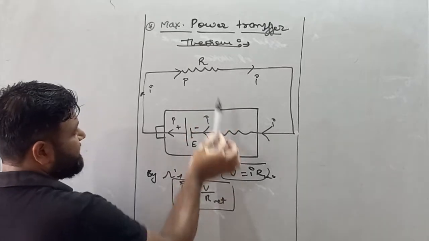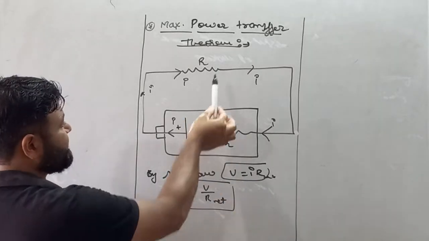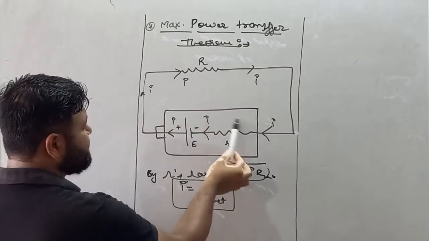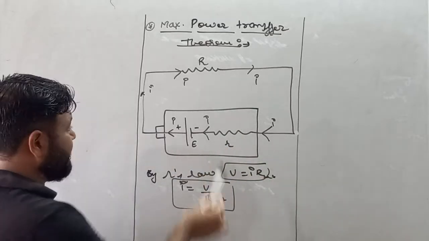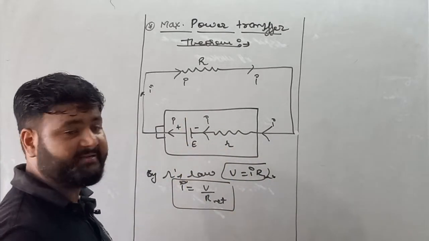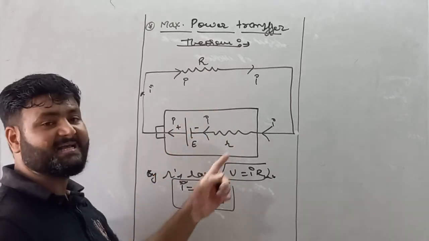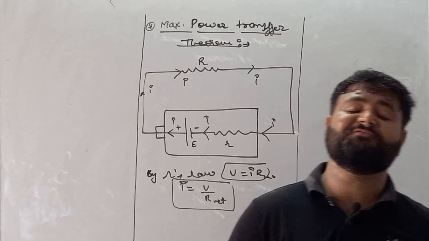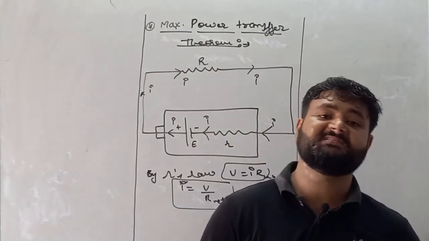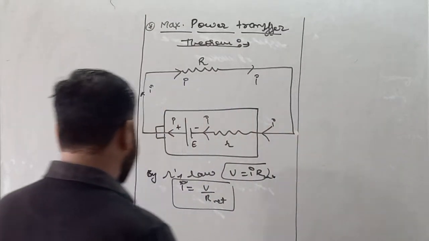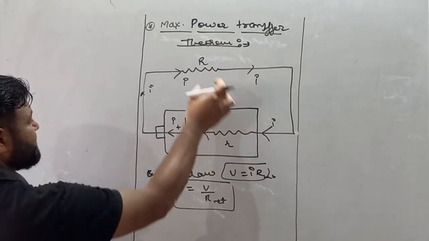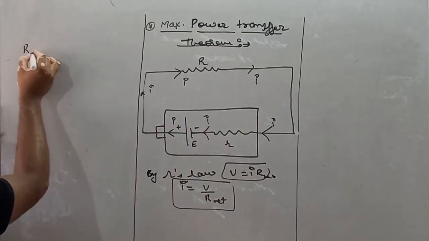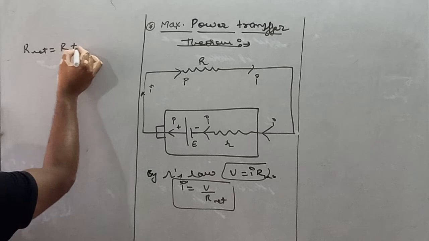This is our external resistor, this is our internal resistor. In both resistors the value of current is the same. In this resistor the current is I, and in this resistor also the current is I. If both resistors carry the same current, then we can say both resistors are in series, because if the current across every resistor is the same, then the resistors are in series. So R net becomes equal to R plus r.